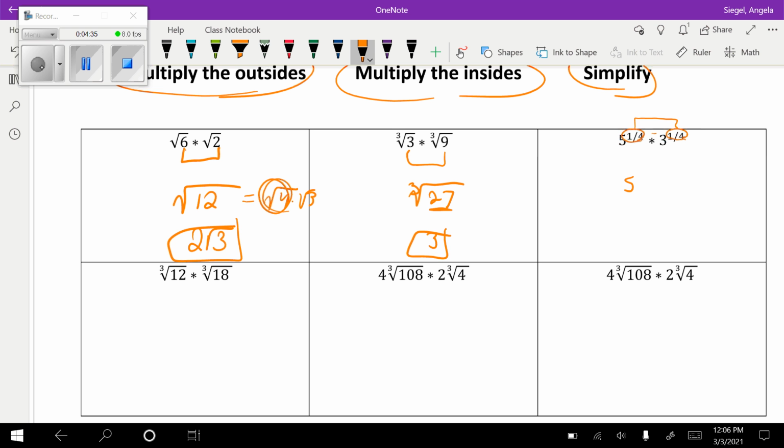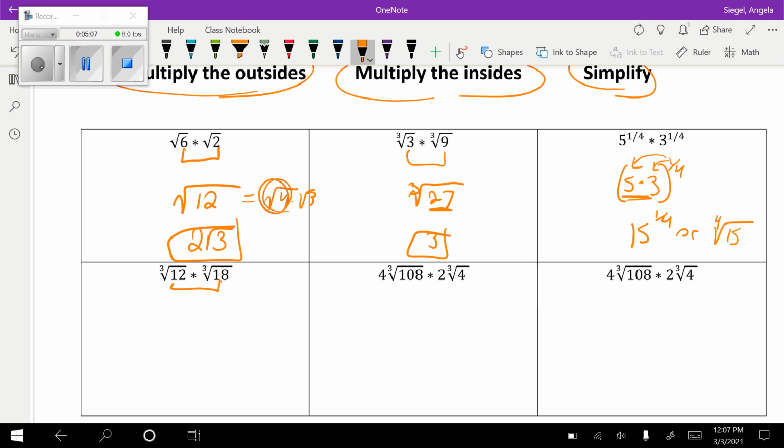So we're going to look at this as 5 times 3 to the 1/4 power. So we're going to go backwards, because if we used that property and went forwards, we would end up with 5 to the 1/4, 3 to the 1/4. So we're just going to pull that 1/4 out and look at this as a multiplication problem of 5 and 3. So my final answer is 15 to the 1/4 power, or don't forget, you can write it like that. Either way is just fine.